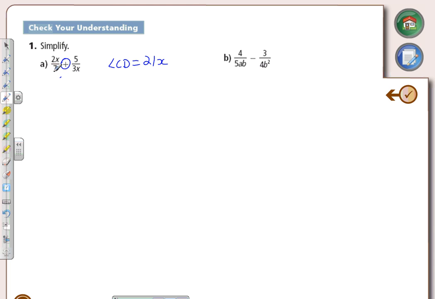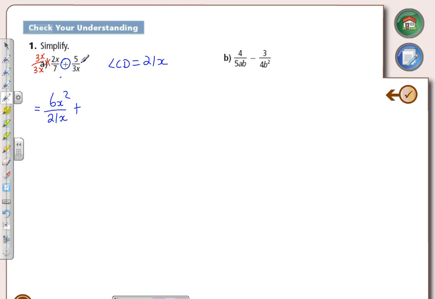Well, in order to go from 7 to 21, we need to multiply by 3, and we need to multiply by the x. So we're going to multiply this one by 3x over 3x. This is going to give us 6x squared over 21x plus the second one.